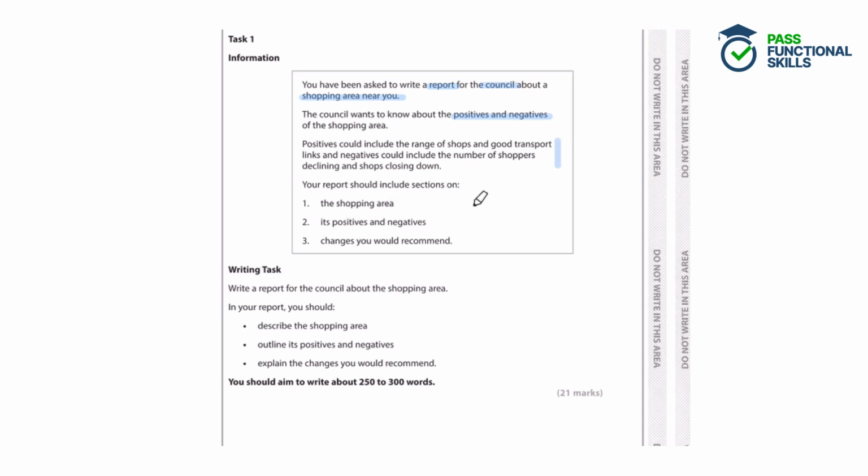And then we need to divide our report into different sections. So there's a number of ways we could do this. We could use subheadings or paragraphs, for example.